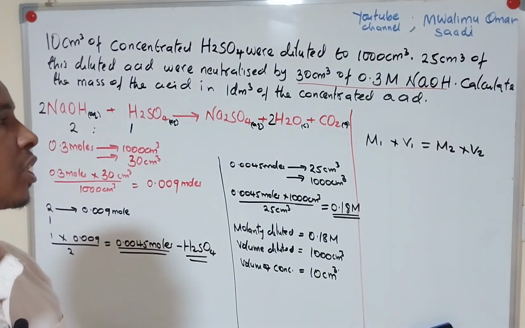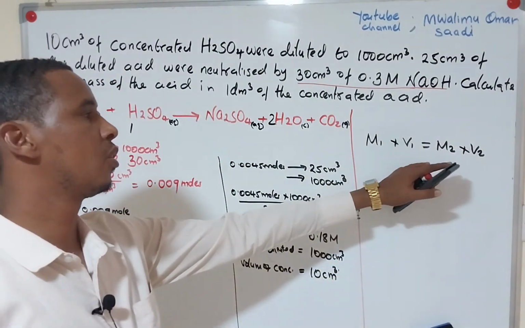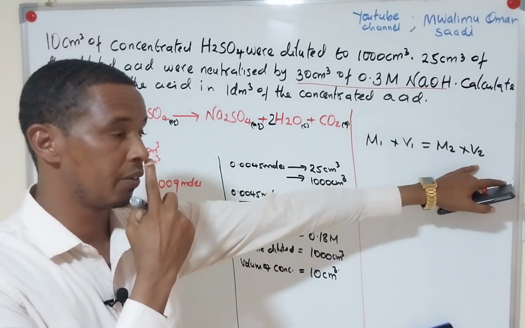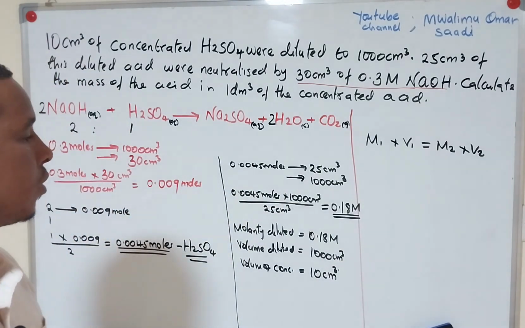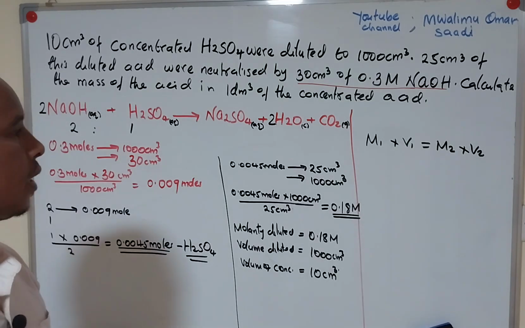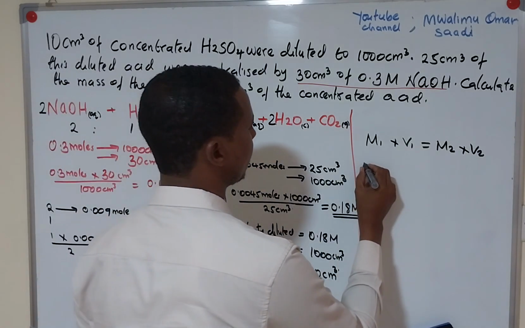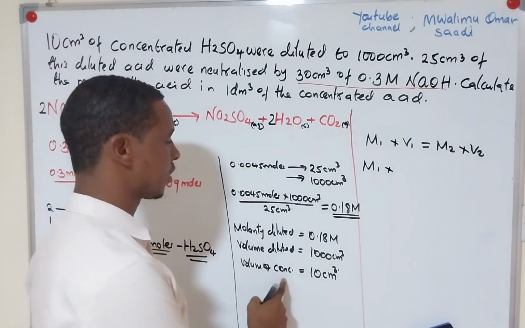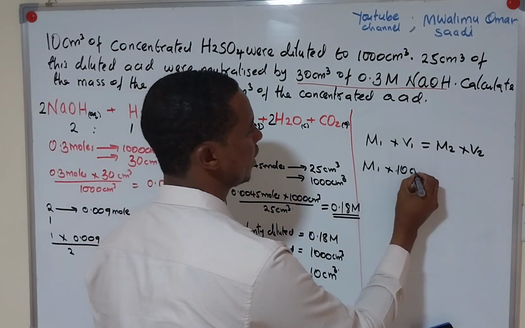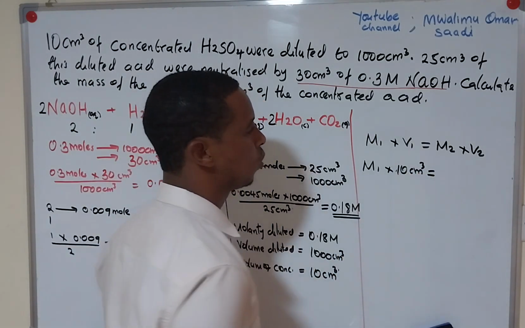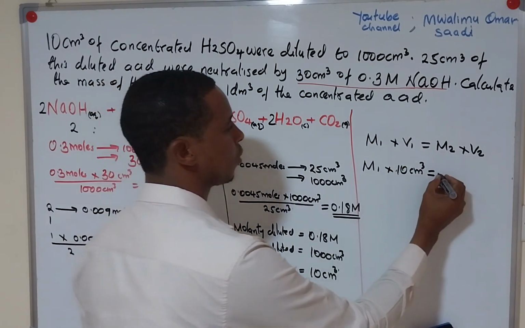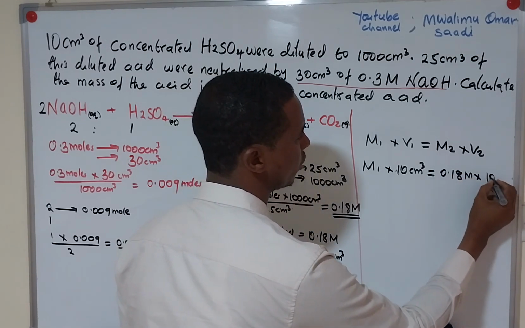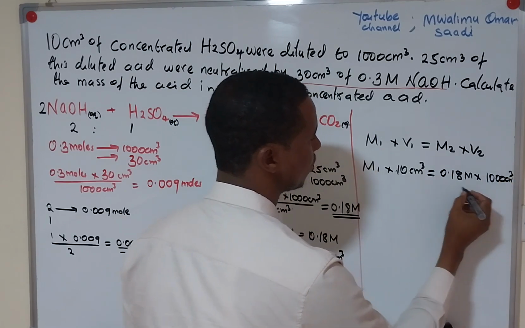M1 is the initial concentration, V1 is the initial volume, M2 is the final concentration, and V2 is the final volume. So our M1 is what we are finding. M1 times V1 of the concentrated acid, which is 10, is equal to M2, which is 0.18 molar, times V2, which is 1000 cm³.